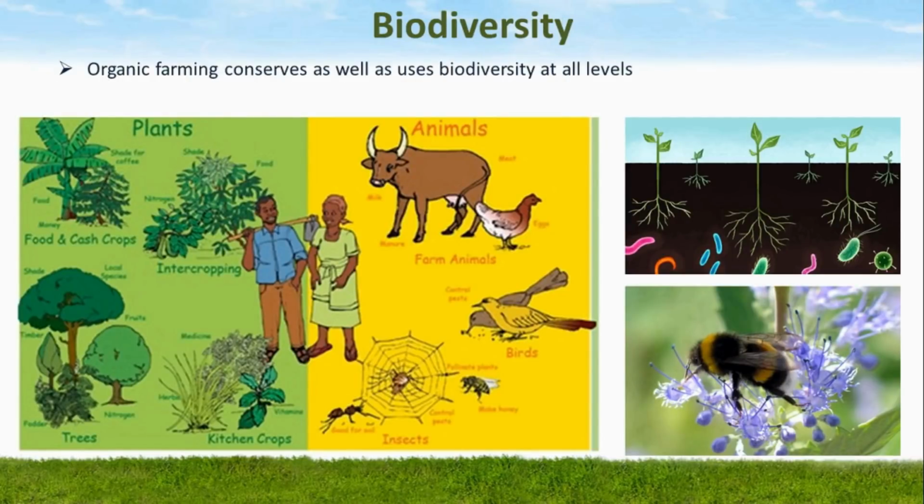The last component of organic farming is biodiversity. Organic farming conserves as well as uses biodiversity at all levels. In organic farming, diversity of crop is maintained by crop rotation as well as intercropping. Diverse combination of plants and animals is used for nutrient and energy cycling for increasing agricultural production.